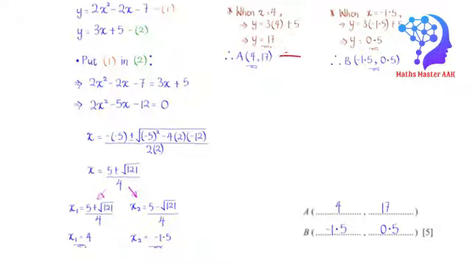Hence, the coordinates of A are 4, 17. For point B, when x is equal to negative 1.5, y is equal to 3 times negative 1.5 plus 5. When we type this into the calculator, this gives us y is equal to 0.5. Hence, the coordinates of B are negative 1.5, 0.5.